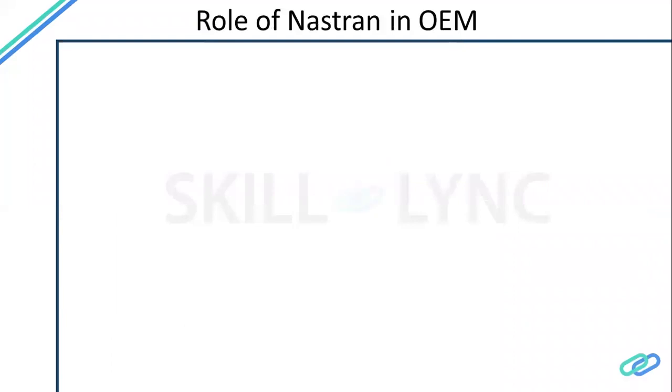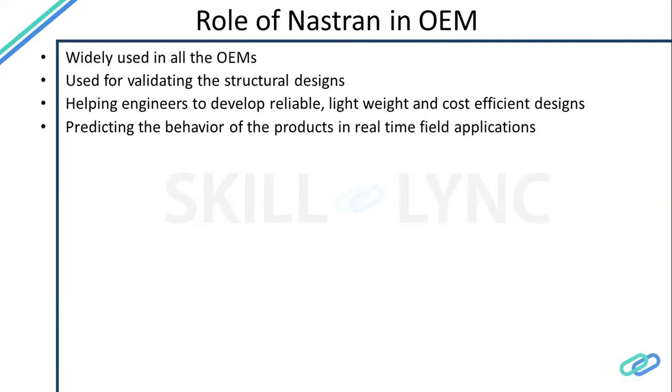What is the role of Nastran in OEMs? Nastran is widely used in industries where continuous development of products is possible. If you take an automobile, there is a chance of a continuous development process.